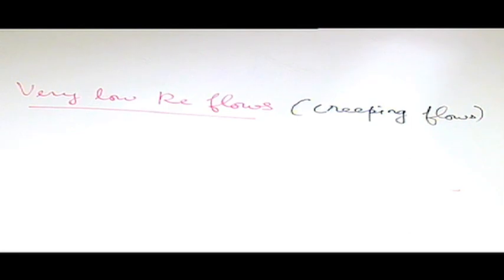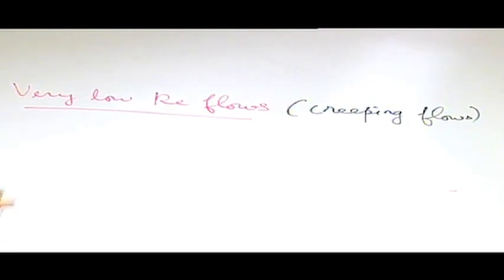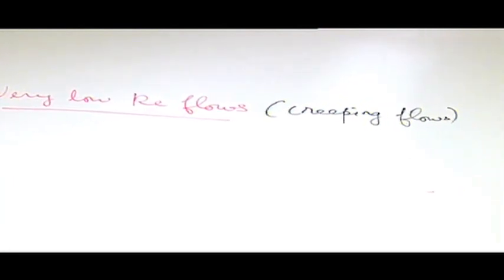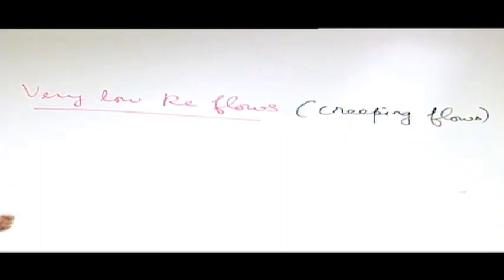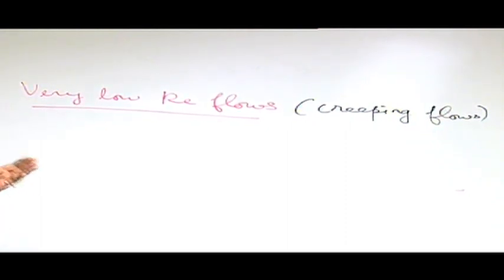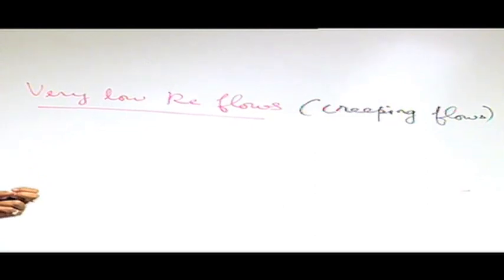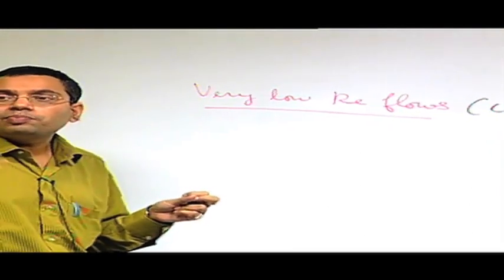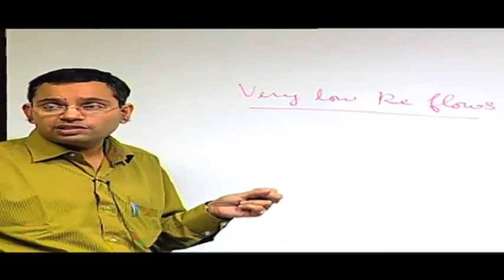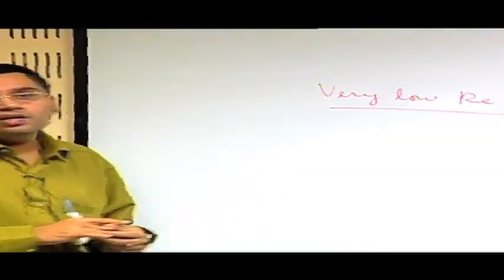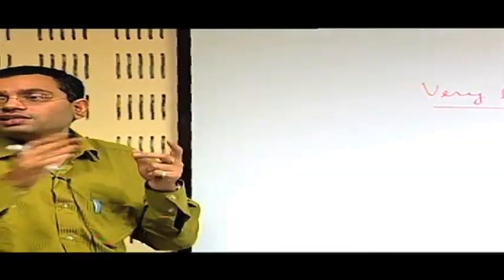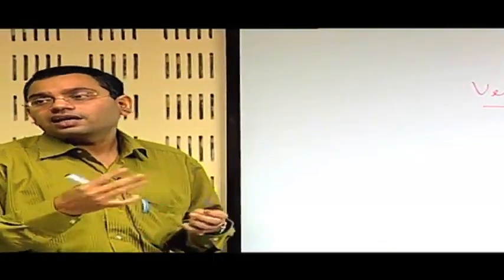When you have such a situation, think of the Navier-Stokes equation. In the Navier-Stokes equation, the left hand side is representative of the inertia forces, the viscous term on the right hand side is representative of the viscous force, and then you have the force due to the pressure gradient. If the Reynolds number is very small, then obviously the inertia effects you may neglect.